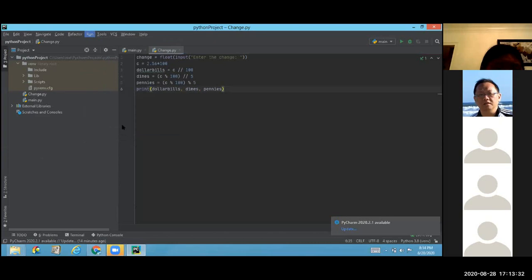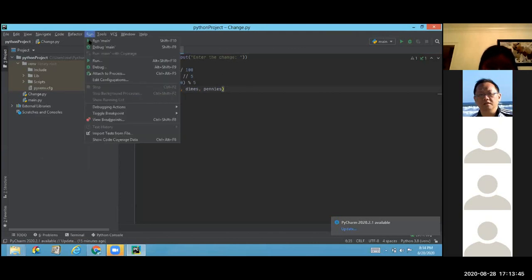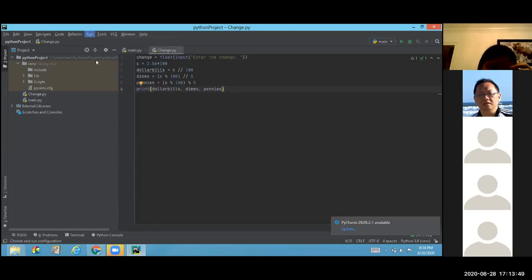There's a run. Okay, one moment. That's why I prefer to do IDLE first before you can handle this PyCharm. PyCharm is good, much better, but at this moment my IDLE wasn't working for some reason today. It would be easier to handle.